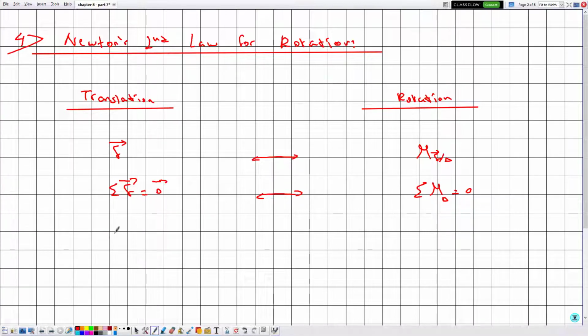Now in the case of translation, we have discussed the following equation, which is extremely important: sum of forces is equal to ma. And now we wish to write here something which is in agreement with this equation. What we are performing here is called the analogy. Analogy means comparing physical quantities. So first, let us write down what is meant by analogy.